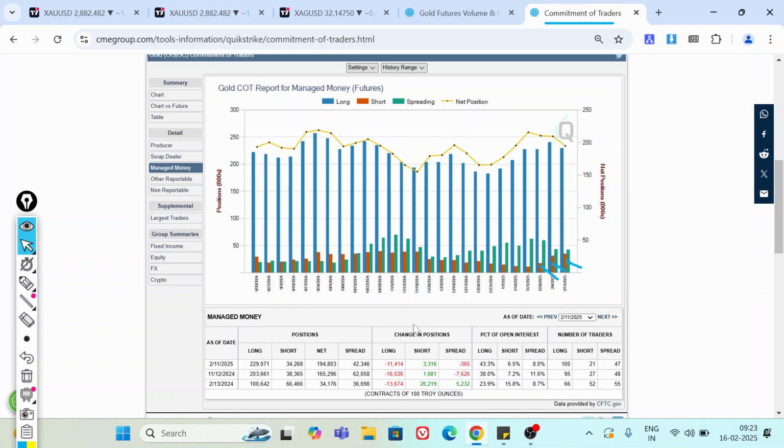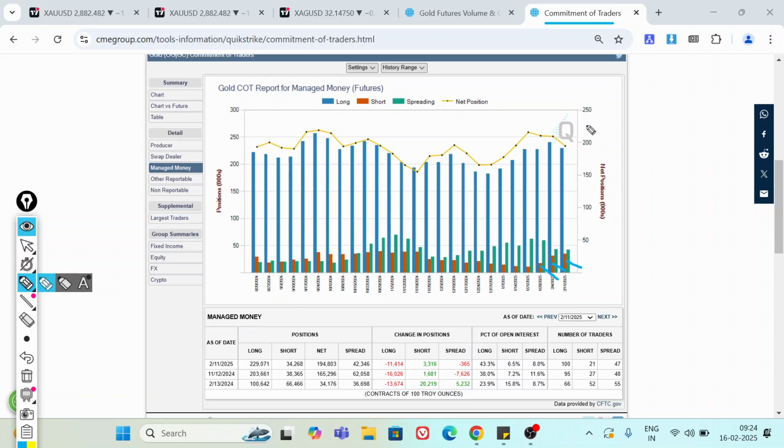So they are preparing their positions for price to go down. For the last 3 weeks we have seen a very good bullish rally, but if you remember the previous week's analysis, they were completely adding into the long side.